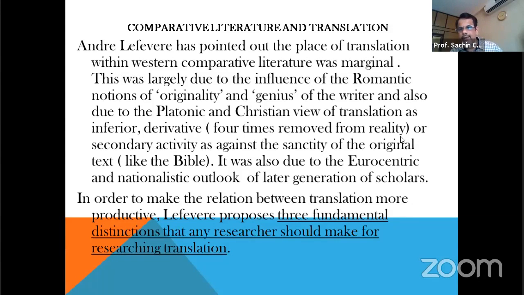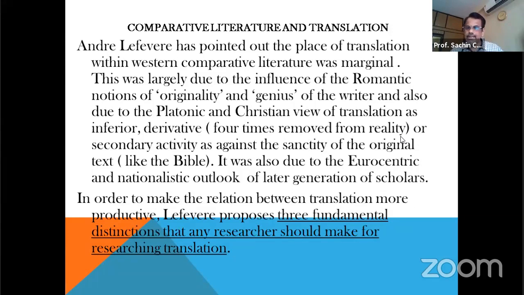And we all are familiar with Plato's view that art is a copy of a copy of a copy. Then translation would become a copy of a copy of a copy one more time. So it's four times removed from reality, thus making it more inauthentic than the original. So this Platonic view of art has actually done a lot of damage to translation.